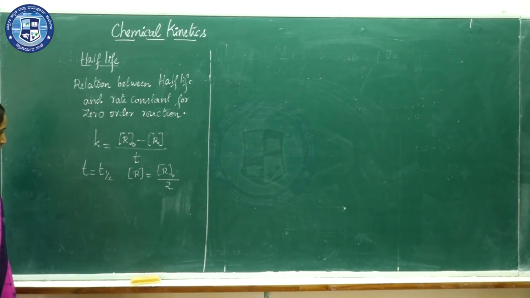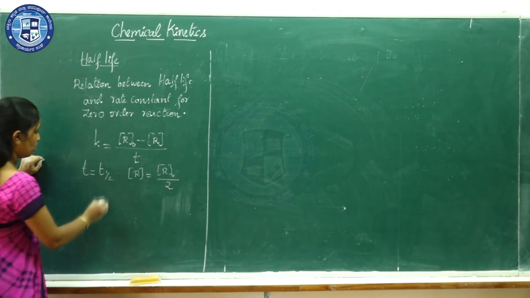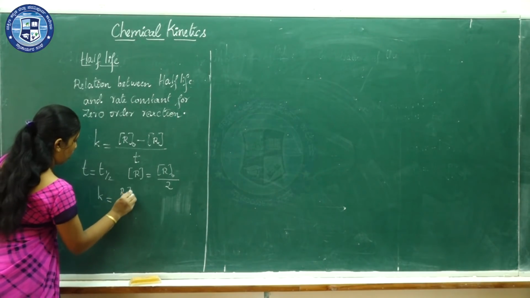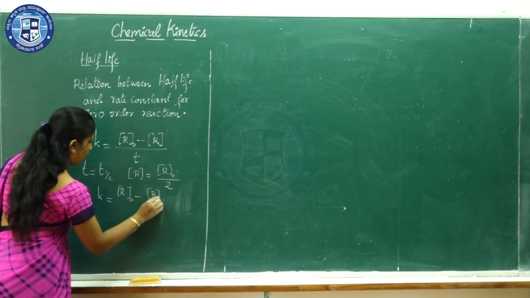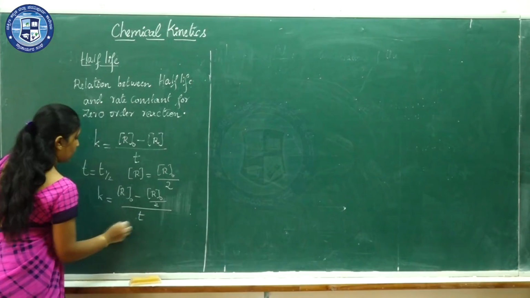Now we will substitute these values. Very simple. So, K is equal to R naught minus R naught by 2 divided by T.